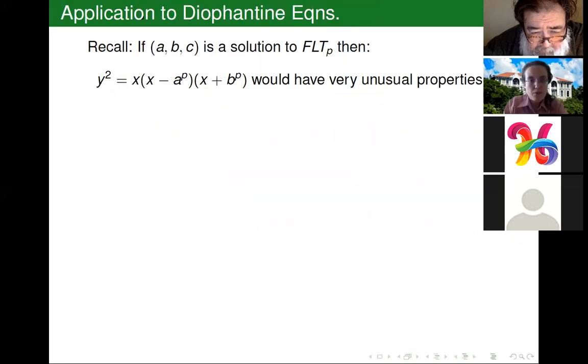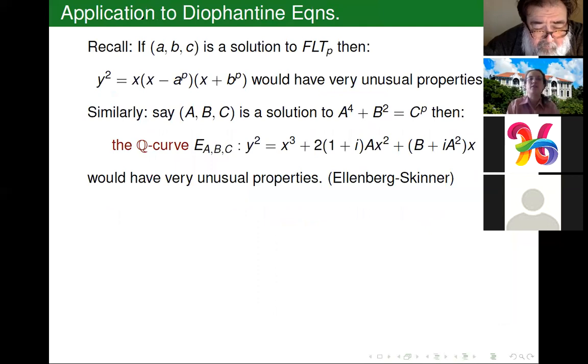Okay, so using this fact, we can do the following. So this was the idea for the classical Fermat equation. We can adapt it for another Diophantine equation, for example, the following one, a^4 + b^2 = c^p. Exactly like in the classical Fermat case, we associate a Frey curve to this.